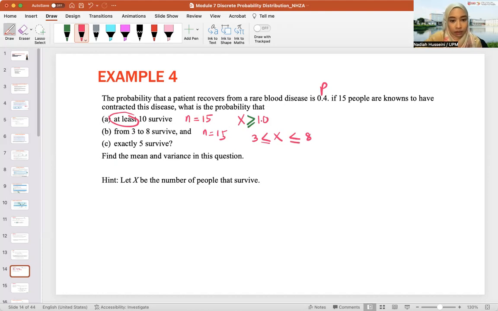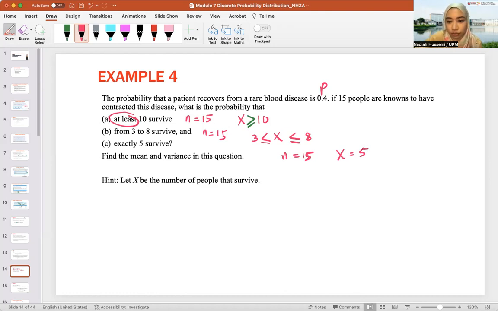Okay, I think this is correct. What about C? N is still 15. What about the X? X is equal to 5. There's no less, there's no more, because we are talking about exactly 5 survive.